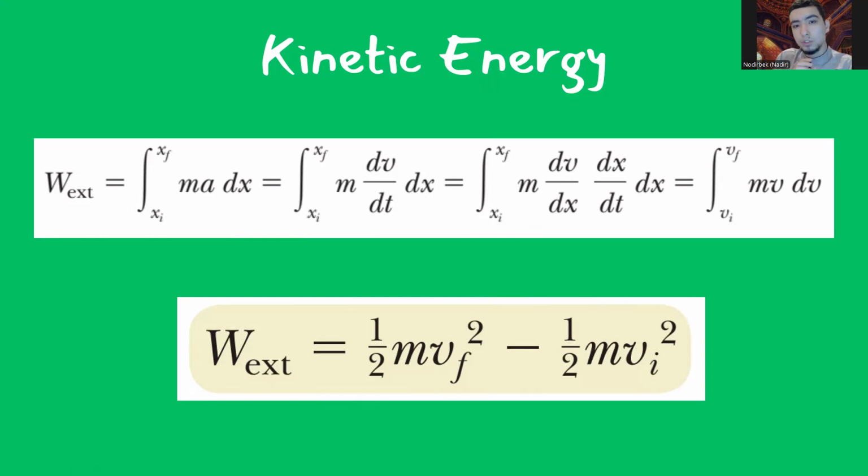That's why our initial formula ma becomes mass multiplied by velocity multiplied by difference in velocity.